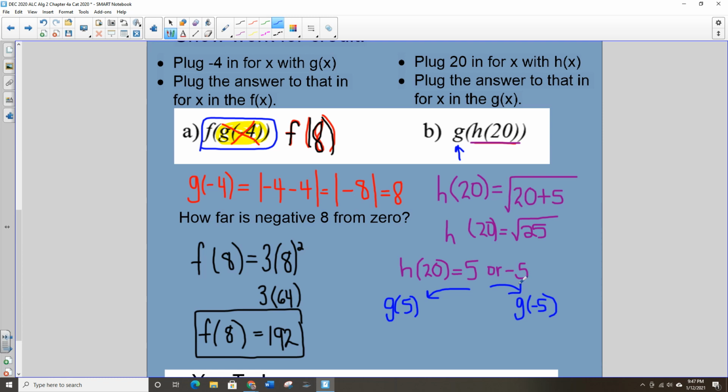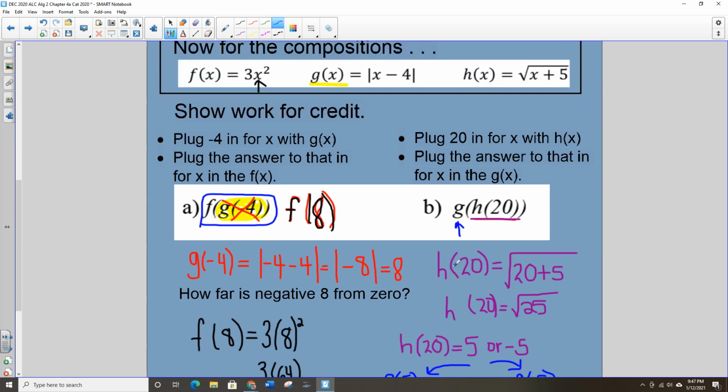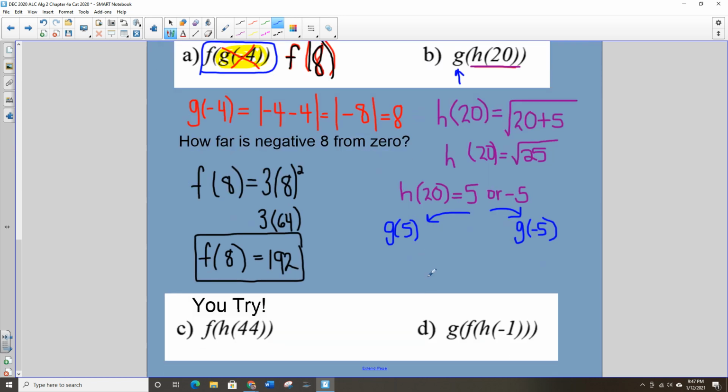All right, so g of 5. So I'm going to look up here at g, and g of x is the absolute value of x minus 4. So I'm going to write absolute value of x minus 4 and absolute value of x minus 4. But what am I going to put in that x spot on the left?